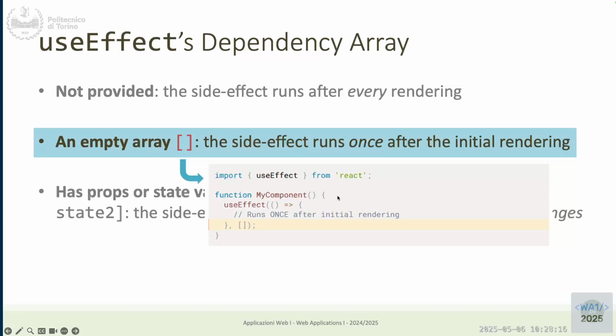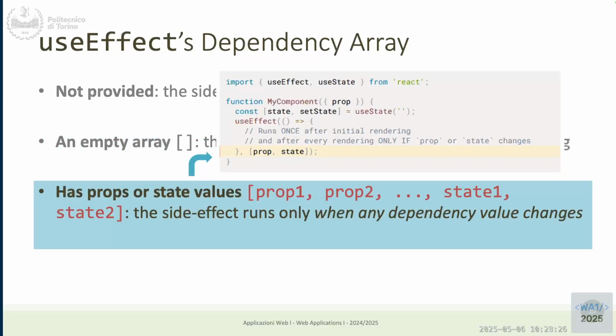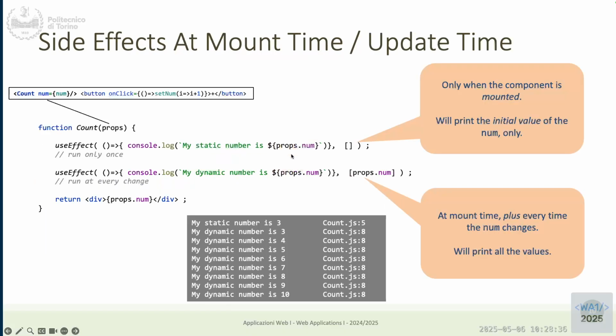It's probably the most common form of the hook. We need it for loading data when the component mounts. Or the other case where, of course, we have some state variables, some props, and so on, and so we want to monitor that. So the difference is just in the second argument.